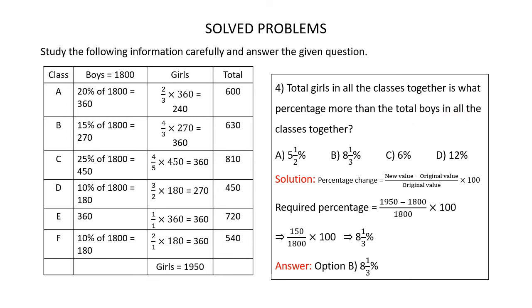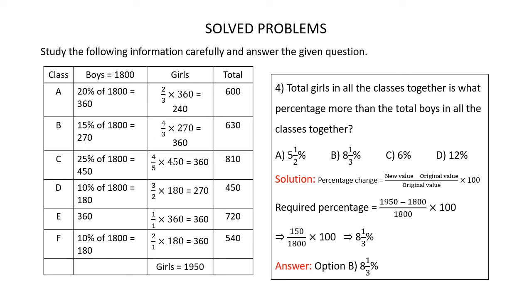So here after the word than is the total boys in all the classes together. From this table we know that the total number of boys in all the classes together is 1800. So 1800 has to come in the denominator. Now total girls in all the classes together according to this table is 1950.